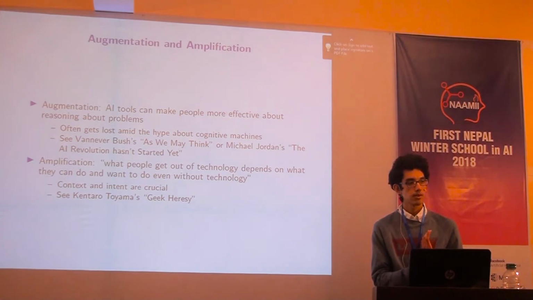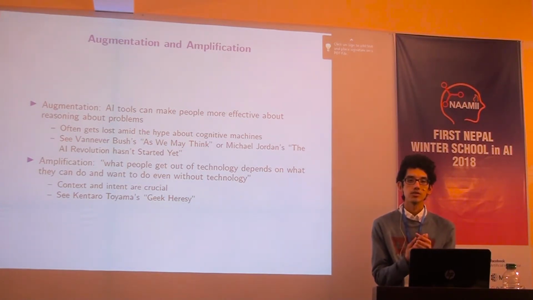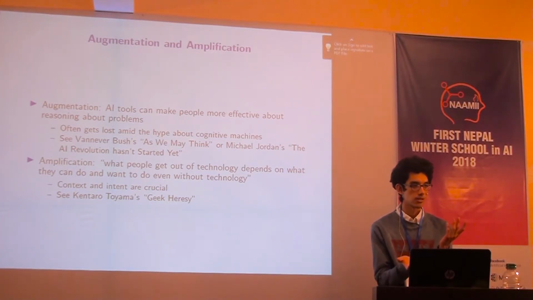The main point is that good technology can amplify people's abilities or people's intent, but it doesn't change intent, right? If you give an amazing technology to someone who doesn't intend to use it for any good purpose, the technology itself doesn't have that kind of moral sense, right?